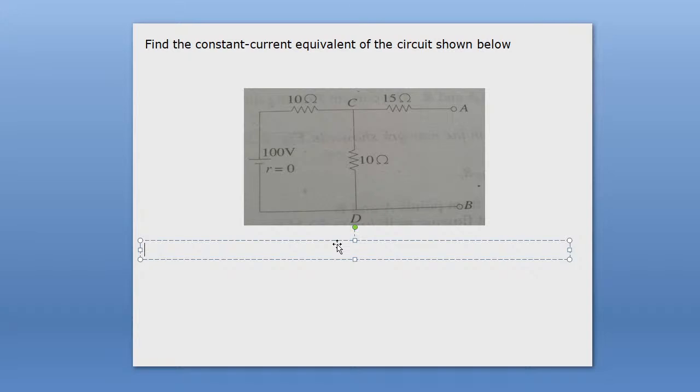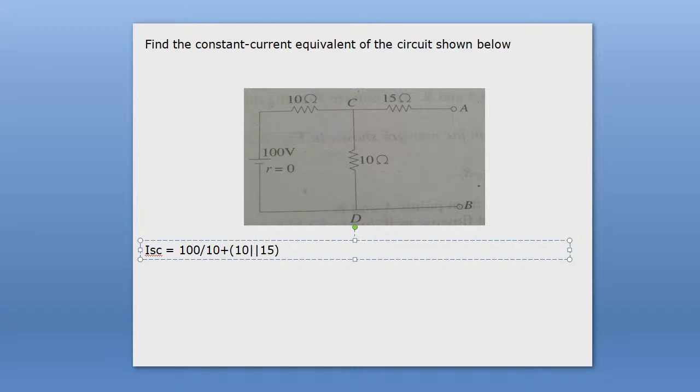So therefore we can write the short circuit current I is nothing but 100 volt divided by 10 ohm, okay, plus the parallel combination of these two resistances 10 ohm and 15 ohm.